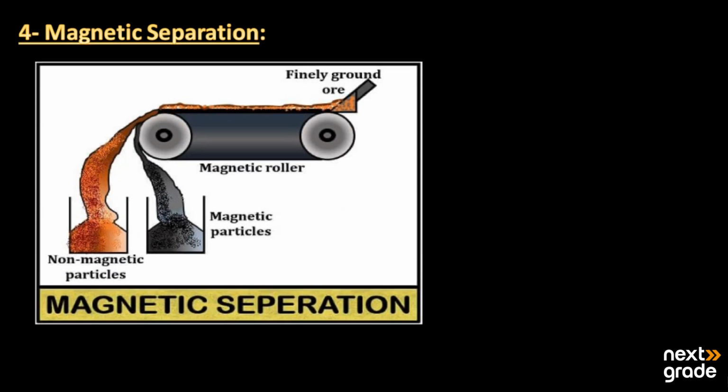What happens in magnetic separation? Basically, ore particles that are magnetically active can be separated with the help of a magnet. This process is also known as electromagnetic separation.